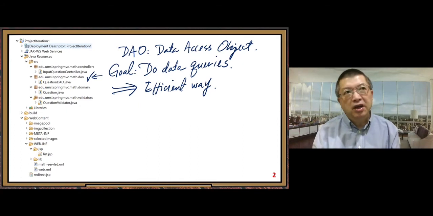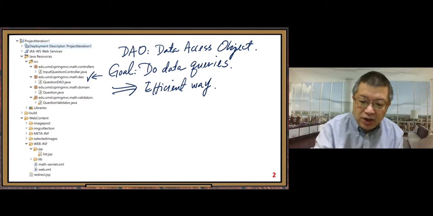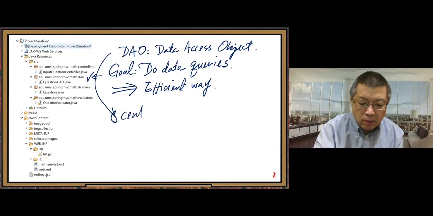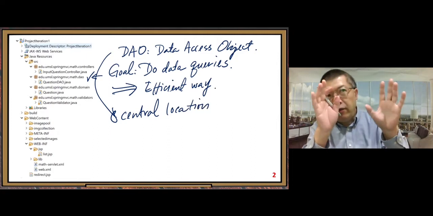It's not a good idea. So we want to put them in a central location, and this DAO object is that central location for all the queries.